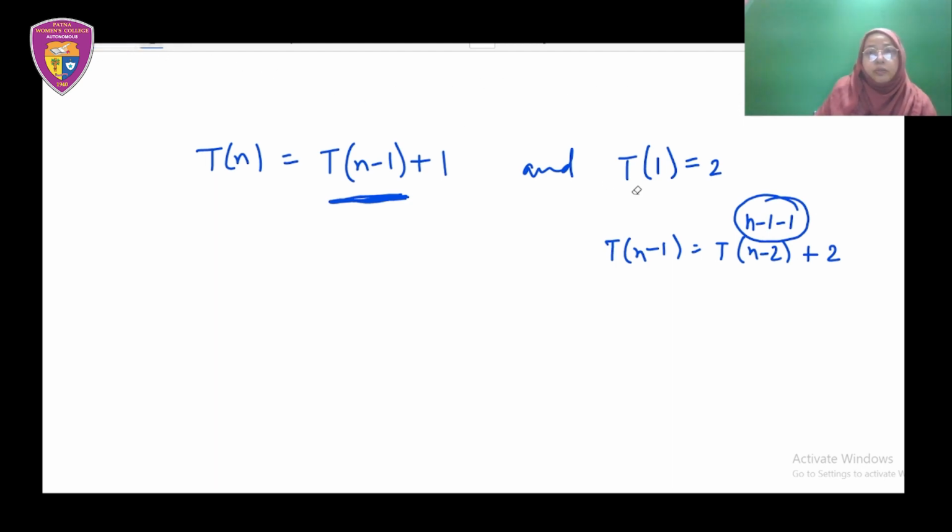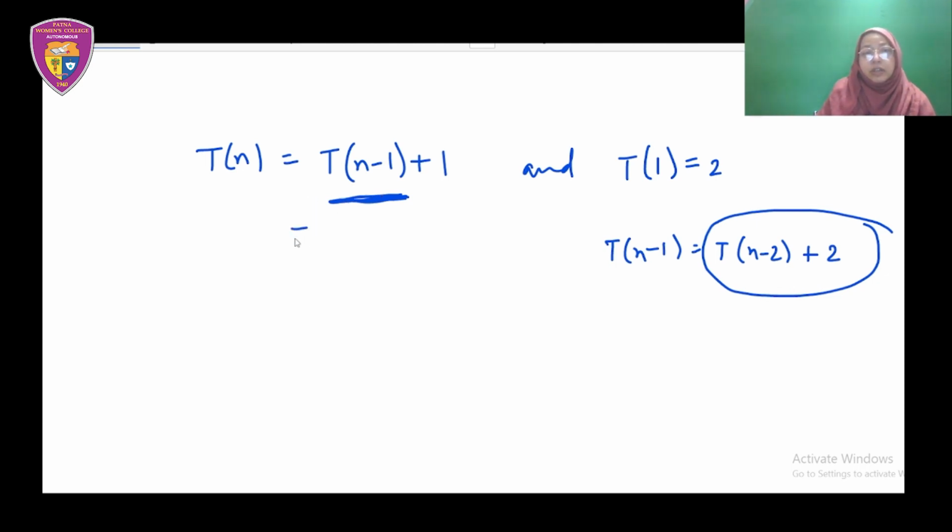So we can simply use this value of T of n minus 1 here, and I can write T of n minus 2 plus 1 plus 1. The plus 1 was already there, I have just used this one.